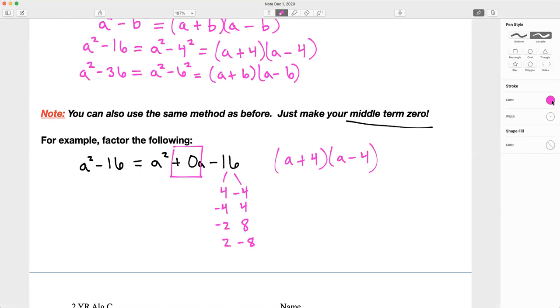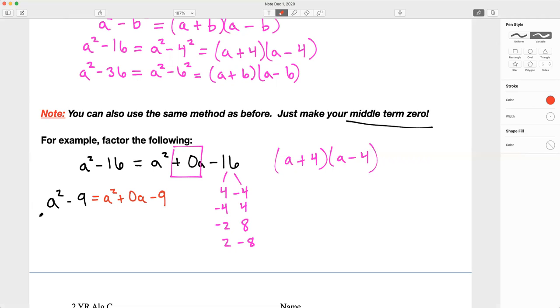Let's do another one. What if we have something like a squared minus 9? Take a moment and try and figure this one out yourself. Okay, assuming you've tried, you can rewrite this as a squared plus 0a minus 9, right?